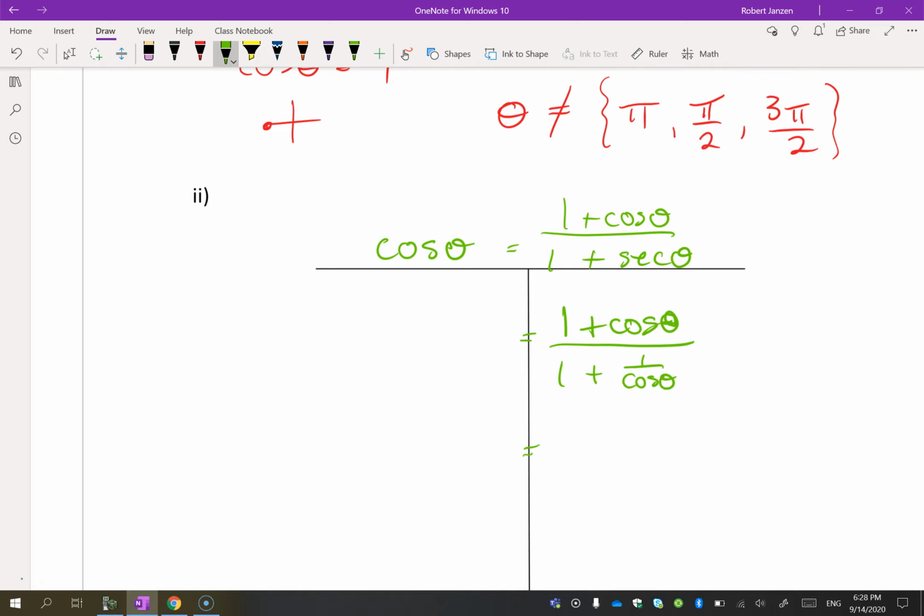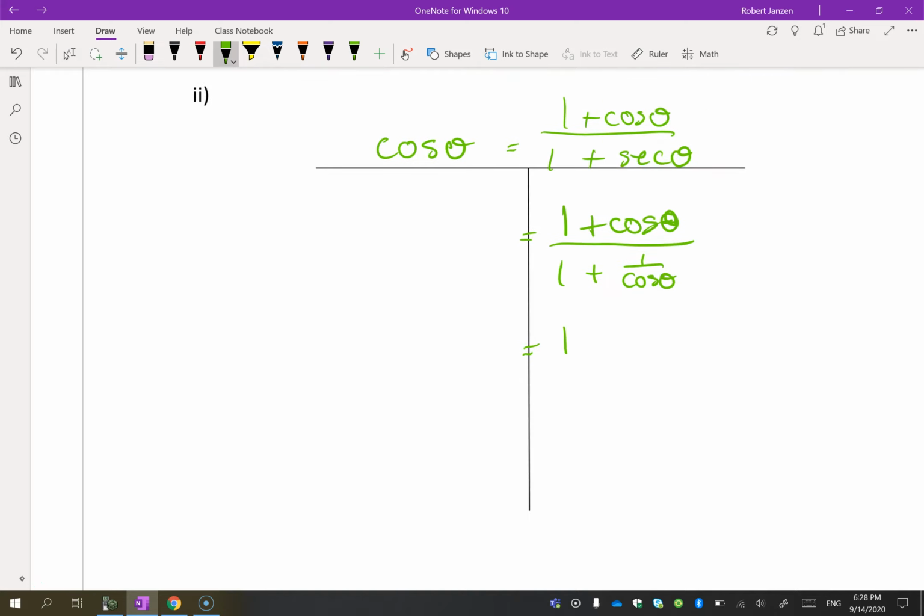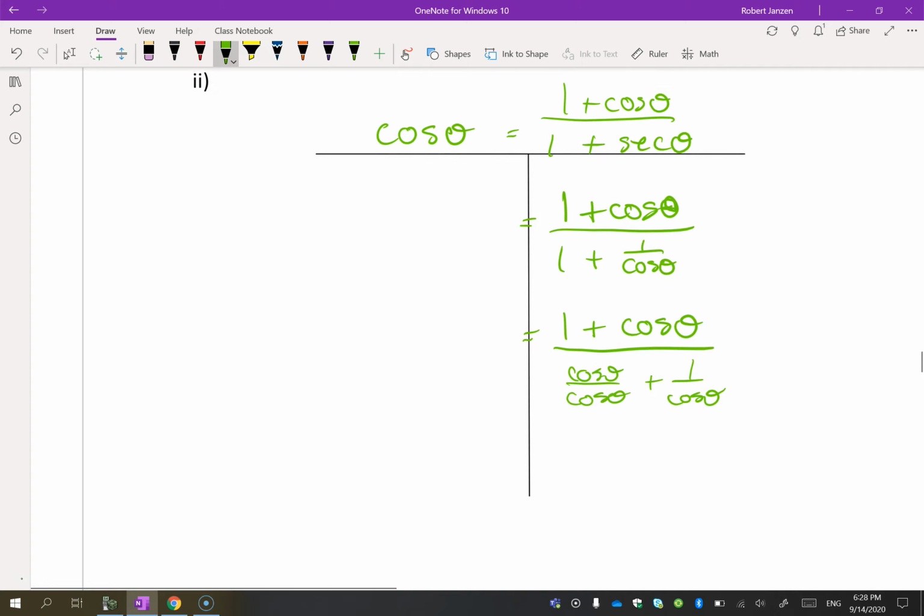Okay, this gives us something to do right away. Look at the denominator. We need to make common denominators and figure this out. So this is going to be cos over cos plus 1 over cos.